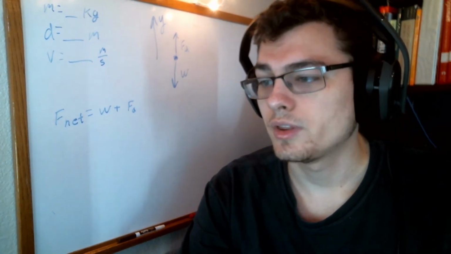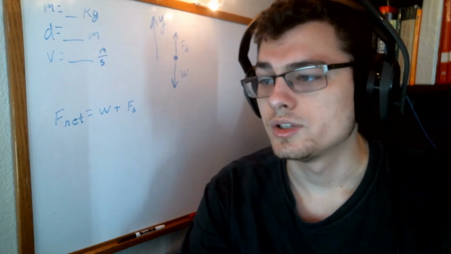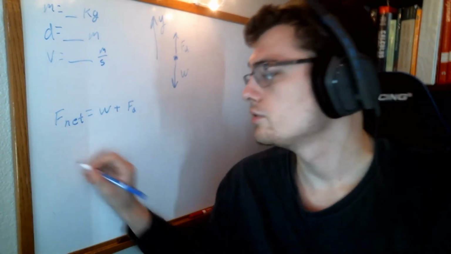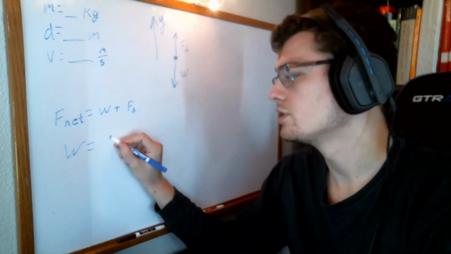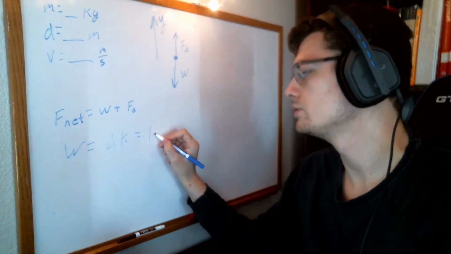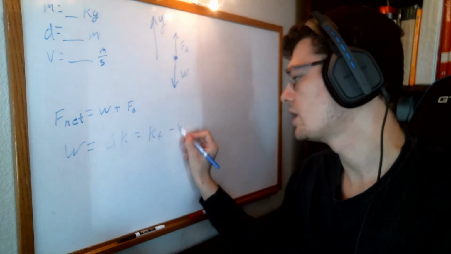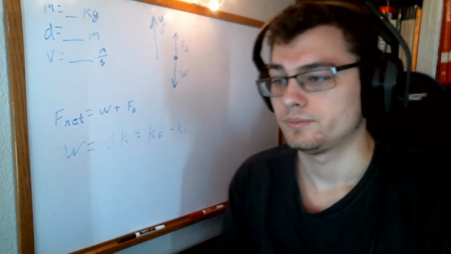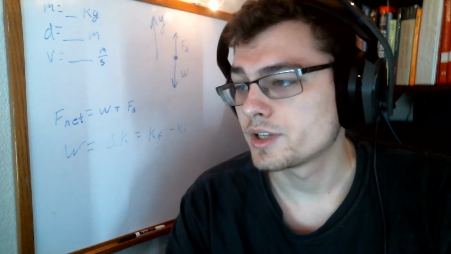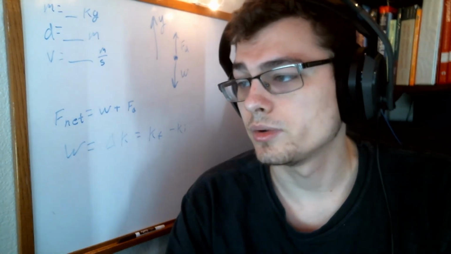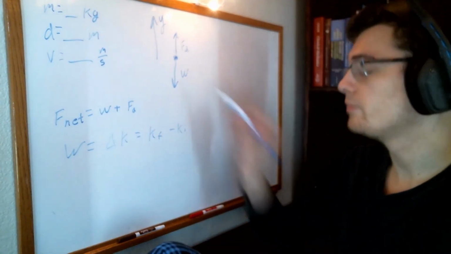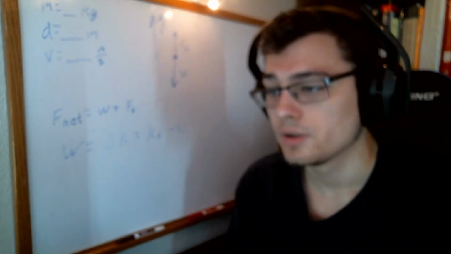One thing we can do is use our work energy theorem, where work is equal to delta K, which is equal to Kf minus Ki. In this case, we have two contributions to W, the work done by the gravitational force and the work done by air resistance. We have both those forces outlined here.